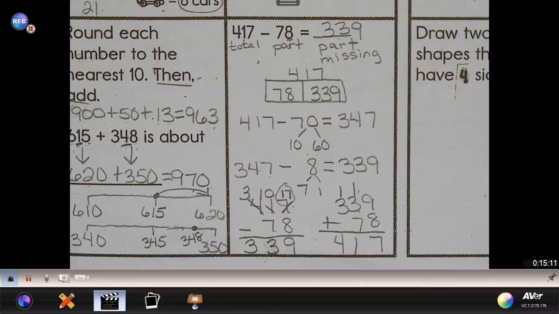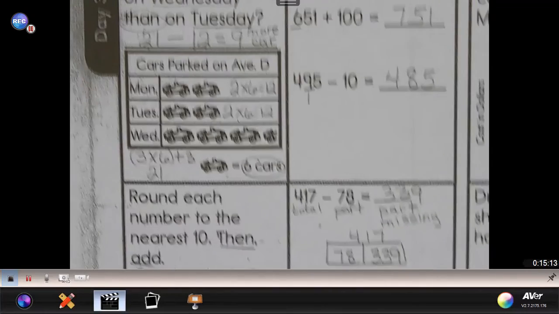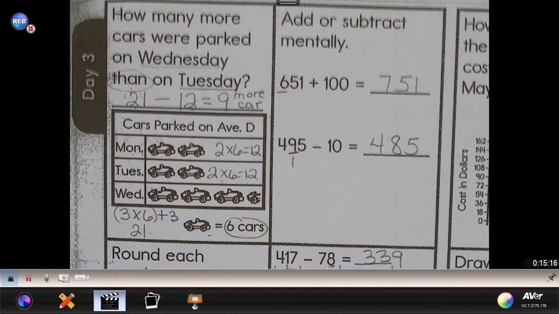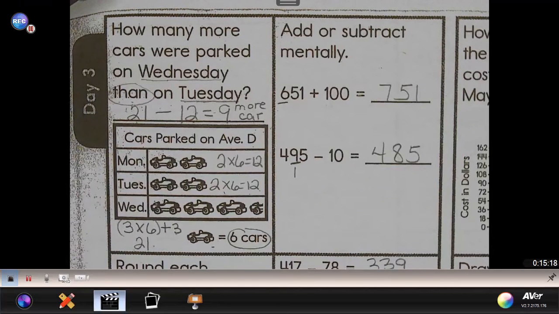You're also going to go back to the first problem, and in our discussion, after you watch this video, you are going to answer the question of how many cars were parked on Monday, Tuesday, and Wednesday. This is going to be an extension question as an exit ticket for today's video lesson.